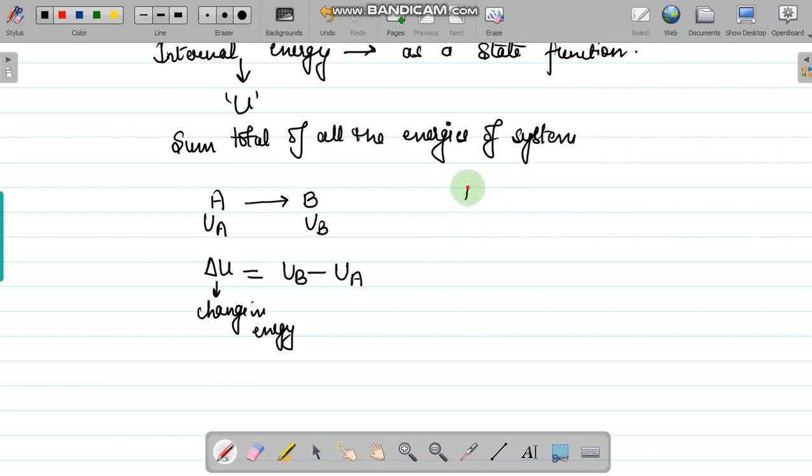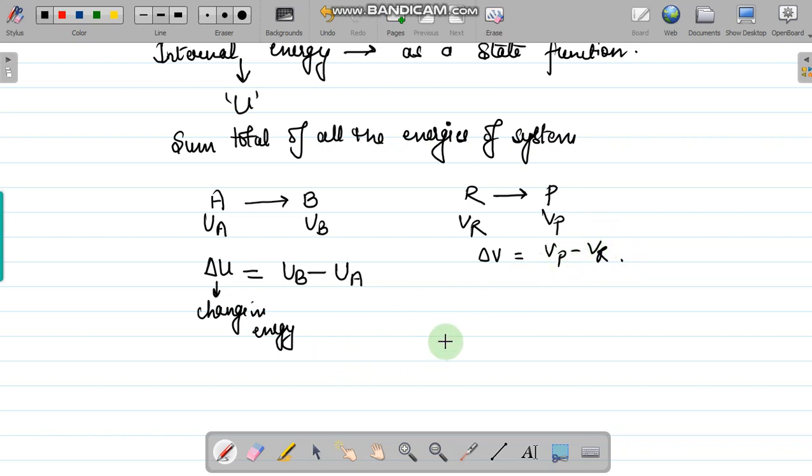Say suppose again I take two components. So in continuation, again we have the two components. Let's suppose volume for the component R is VR and for the other it is VP. Now if I want to take out the change in the volume, what will it be? VP minus VR.